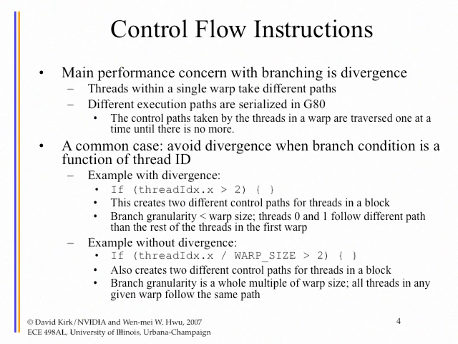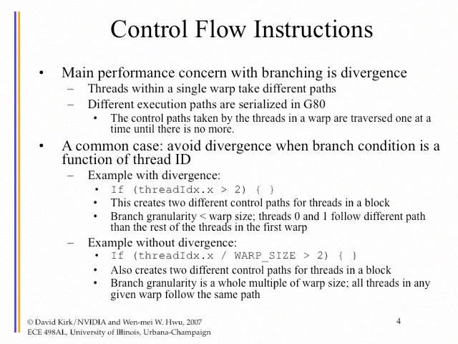So a common case is that you typically will see the divergence when people use thread indices to make decisions. So a very simple case is you say, oh, I'm going to do a test in my code and say, if my thread ID is greater than 2, I'll do something. Else, I do something else, right? So only threads 0 and 1 will do what you want, and then the rest, you want to skip.